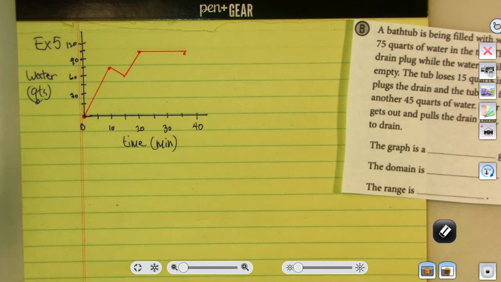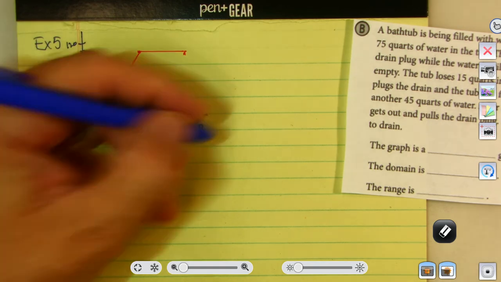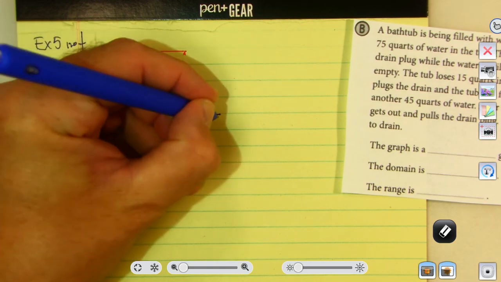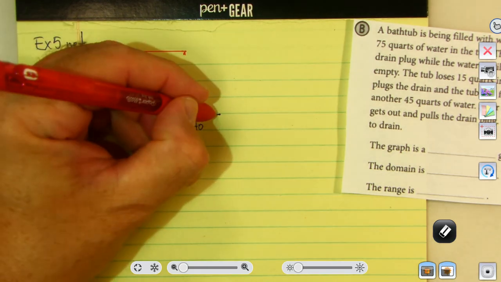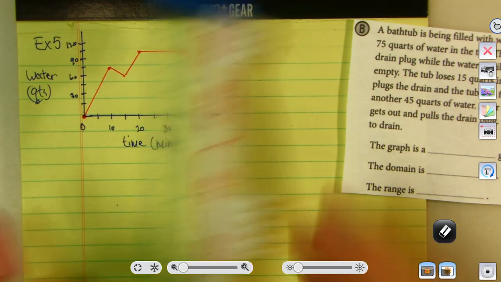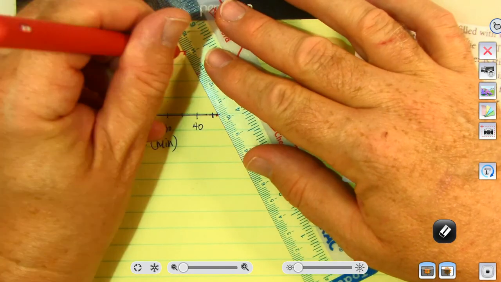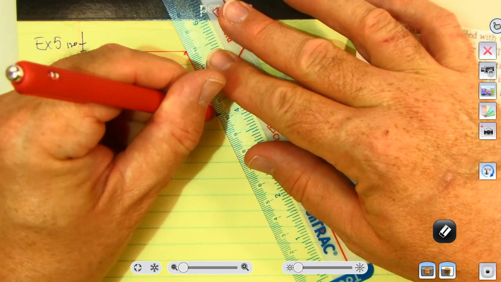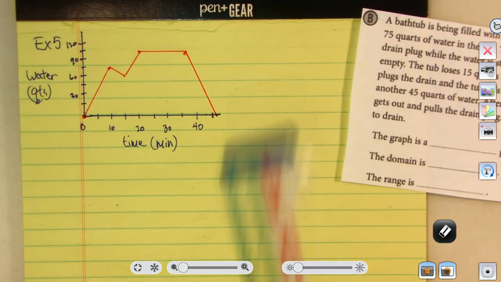So that's 36 plus 11, so that's going to be 46. Need one more tick mark here, probably about there. And at 46, it's drained. The whole thing drains over that next 11 minutes, so there's no water left in the tub.